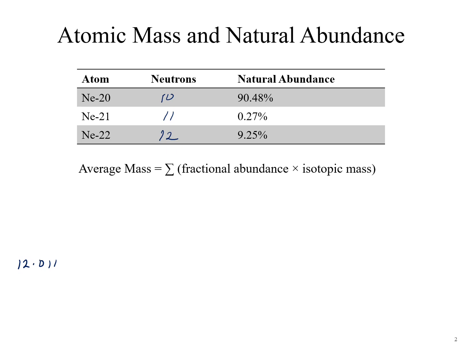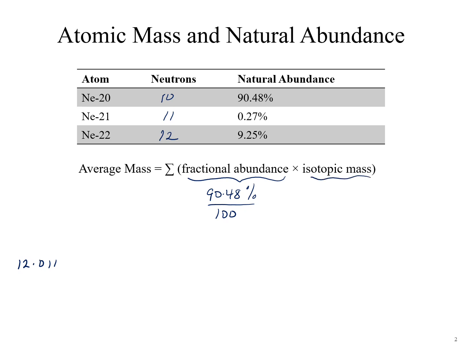For example, I have an equation here that I'm not going to use in any example, just to give you an idea of what the percent of abundance means. That's just converting your percentage to a decimal number. So I have 90.48 divided by 100, and then that's multiplied by the mass for that specific isotope.